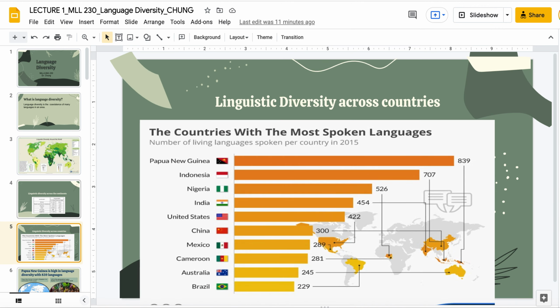There's a lot of different language varieties depending on where you go. So when we're thinking about the countries with the most spoken languages, Papua New Guinea really takes the cake. Papua New Guinea is an island located north of Australia. It is densely populated. We'll talk about that, I think, in the next slide. But you can see Indonesia is a close second. Indonesia is a group of islands.